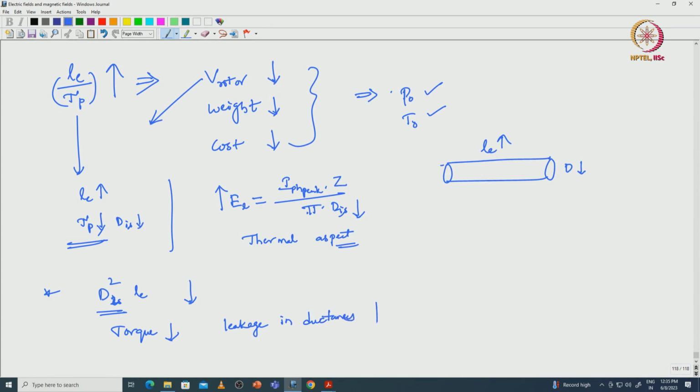These are the limitations or variations with respect to the aspect ratios.